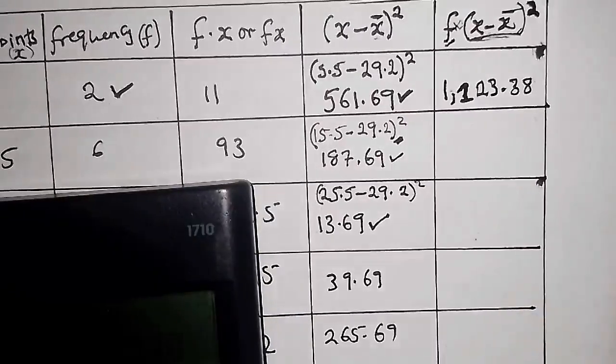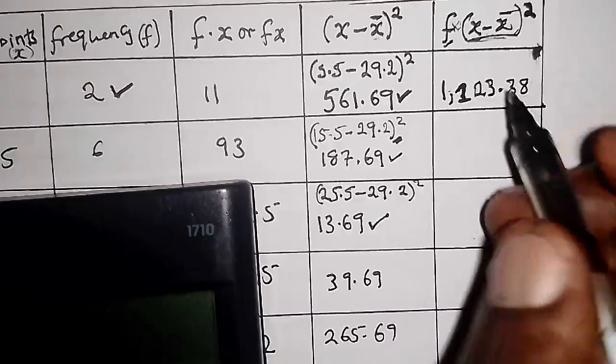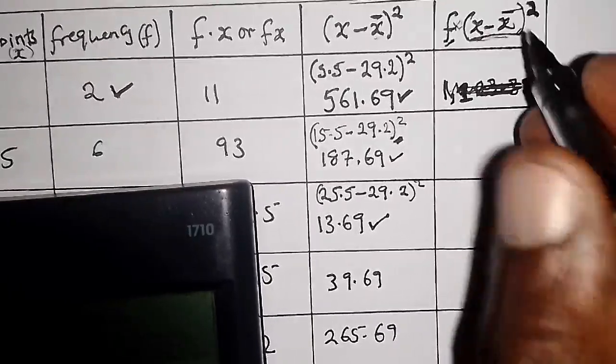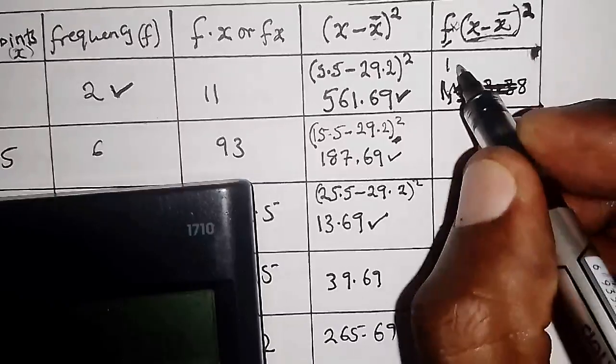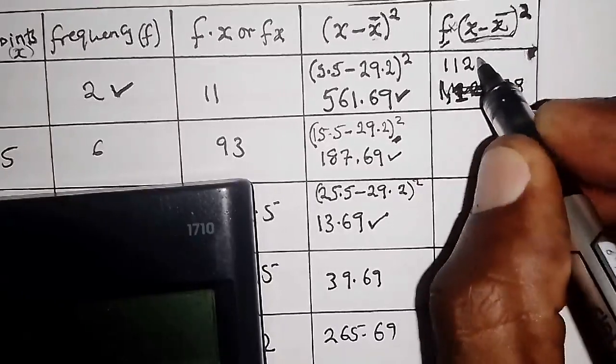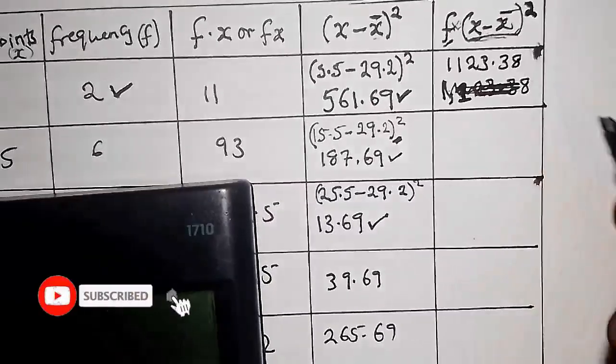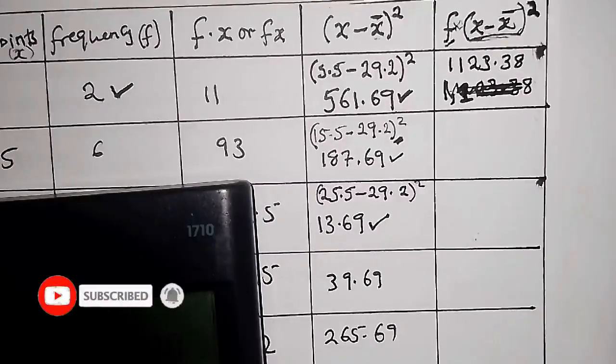Make sure you write that one properly. Let me just write this properly. It is 1123.38.